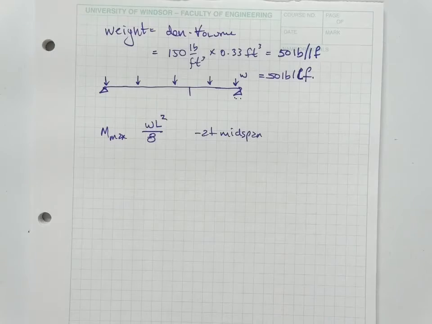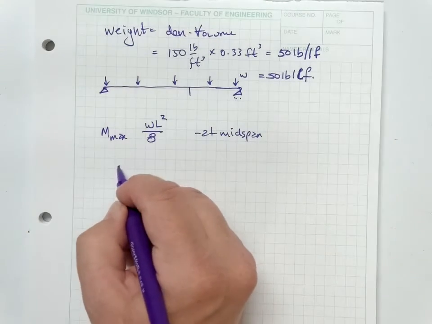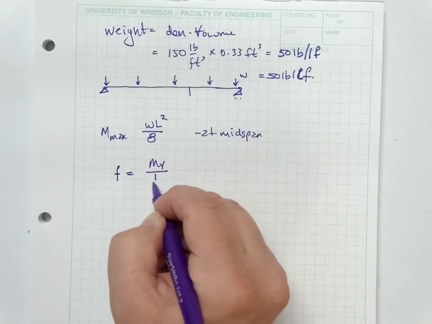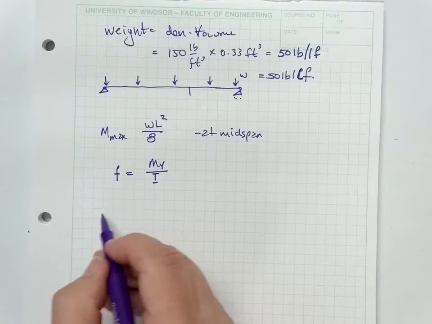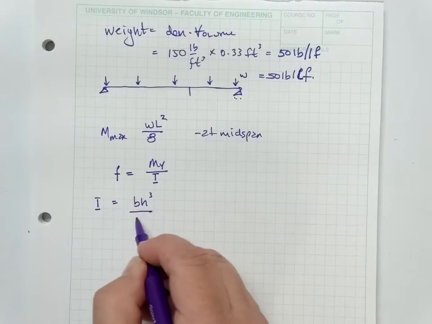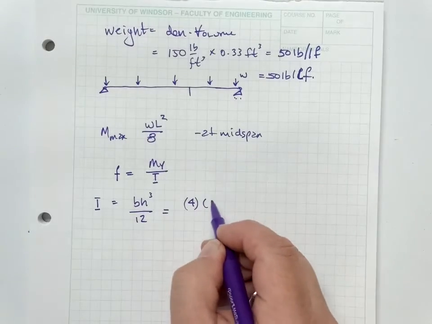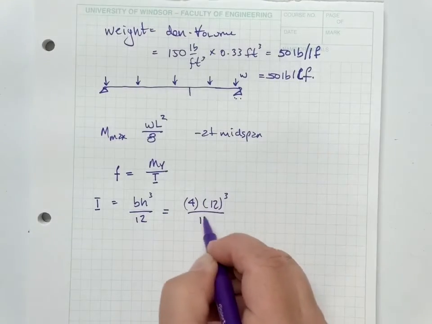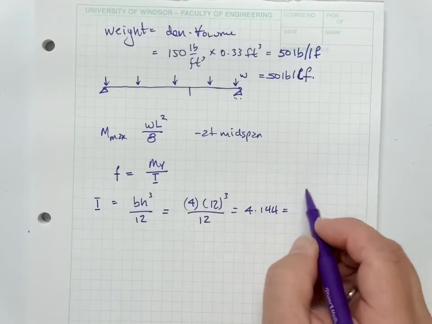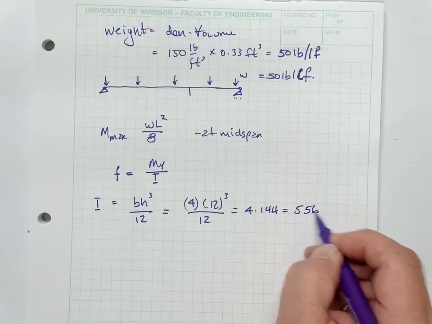So I know that my stress is equal to M y over I. My I is equal to BH cubed over 12, which is equal to 4 multiplied by 12 cubed divided by 12, which is 4 times 144, which is 556, right?